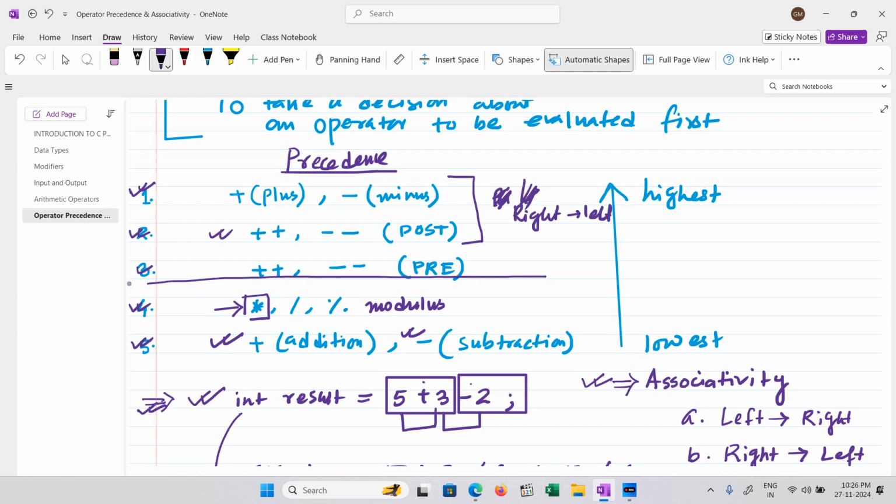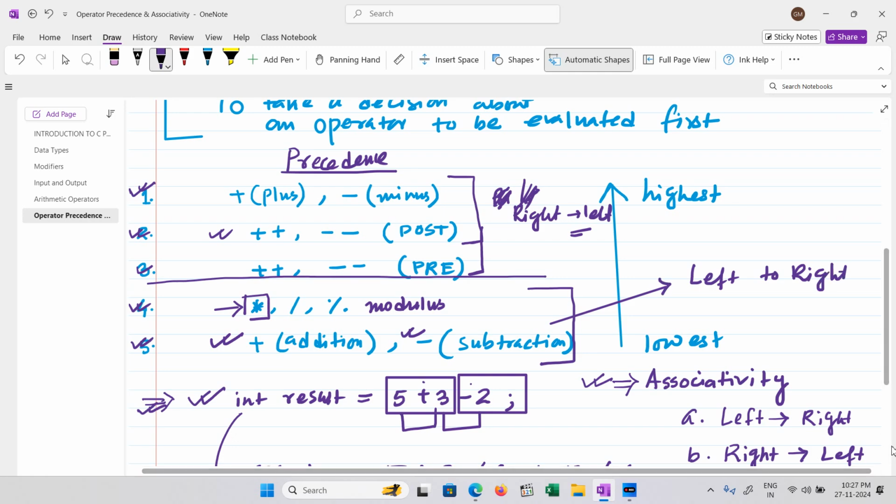Along with this, pre-increment and decrement as well, right to left. And the operators that require two operands, that means binary arithmetic operators, follow the order left to right. I hope that discussion is clear.